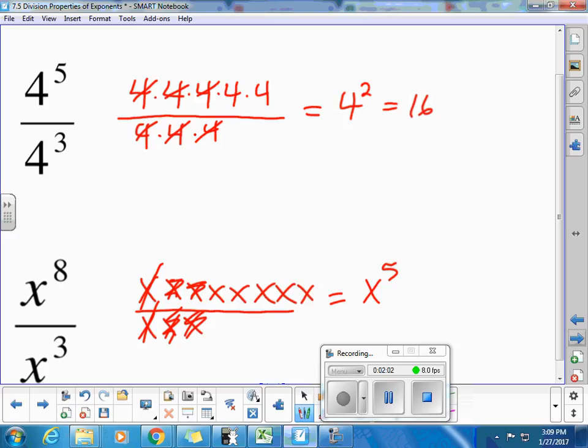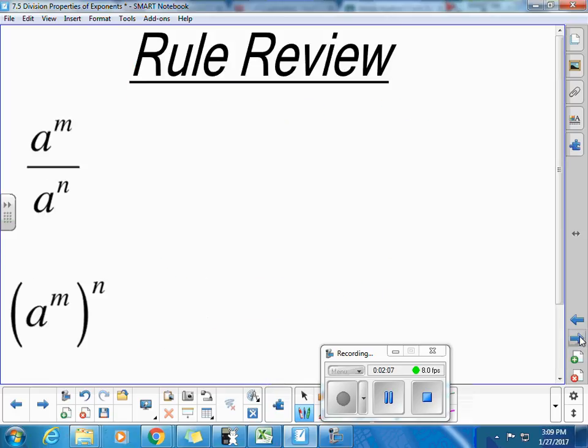It's subtracting the exponents. So that's the rule that we're learning. When we divide, it's the same as subtracting the exponents, so it's a to the m minus n.